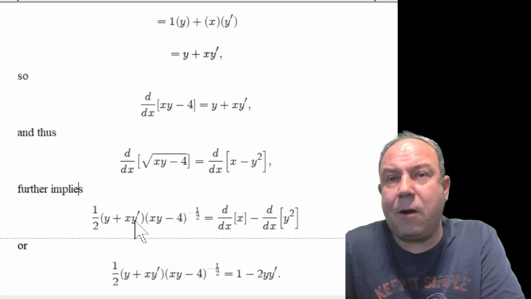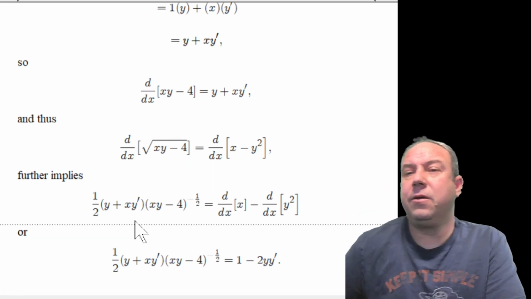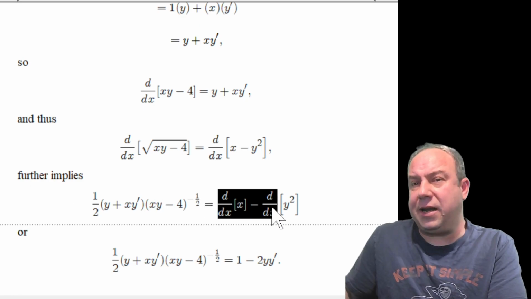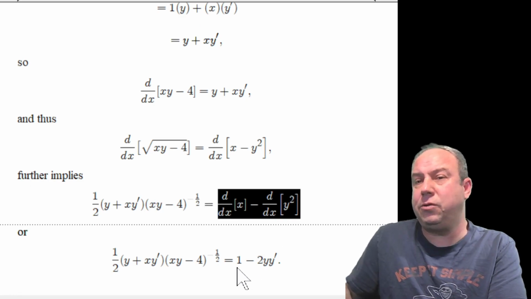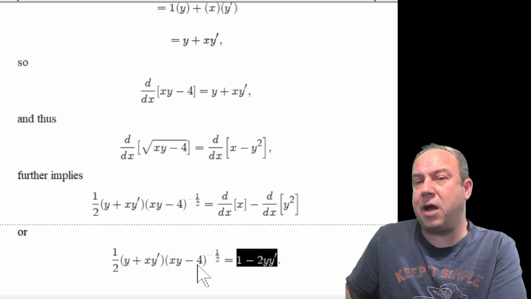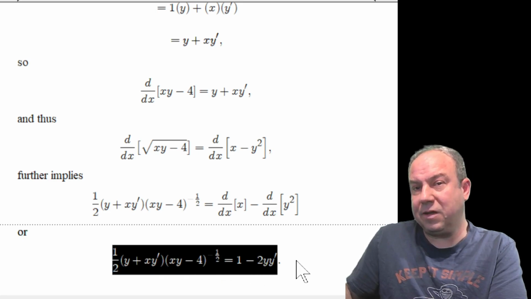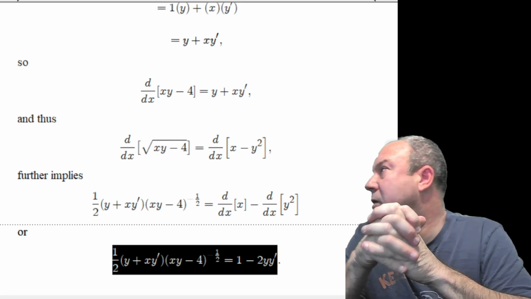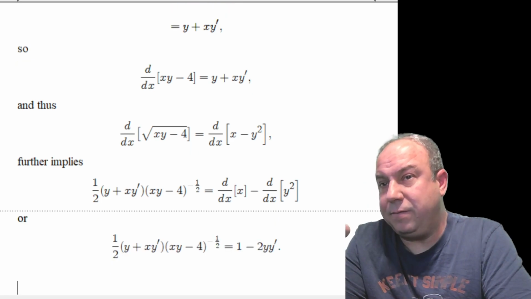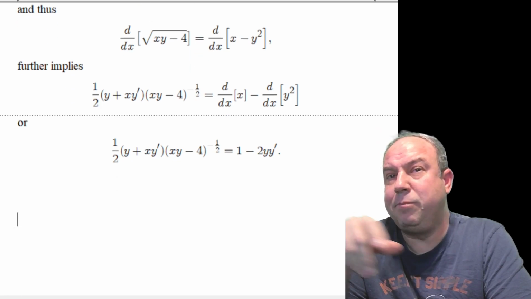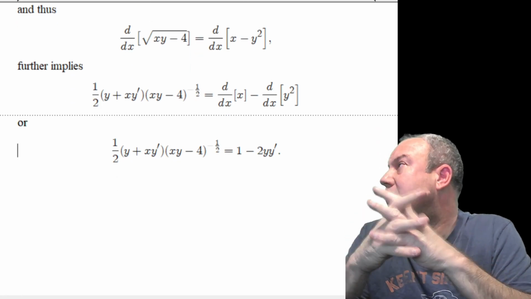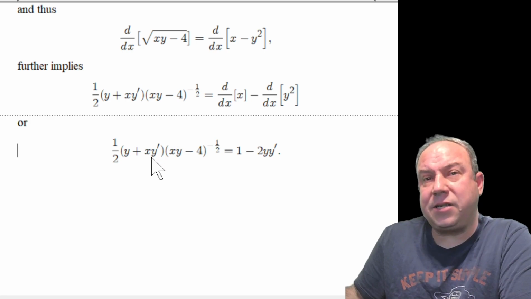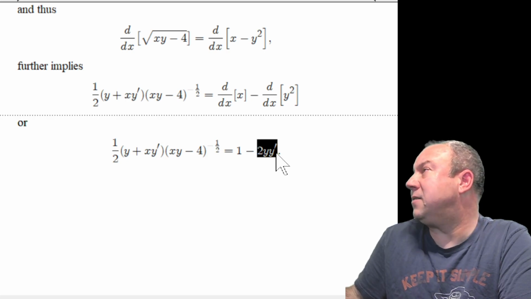All right. Now, finding those derivatives on the right-hand side, we have 1 minus 2 times y prime. And here is our implicit derivative expressed implicitly, where y prime is involved in this term buried inside of this group and this term here on the right-hand side.